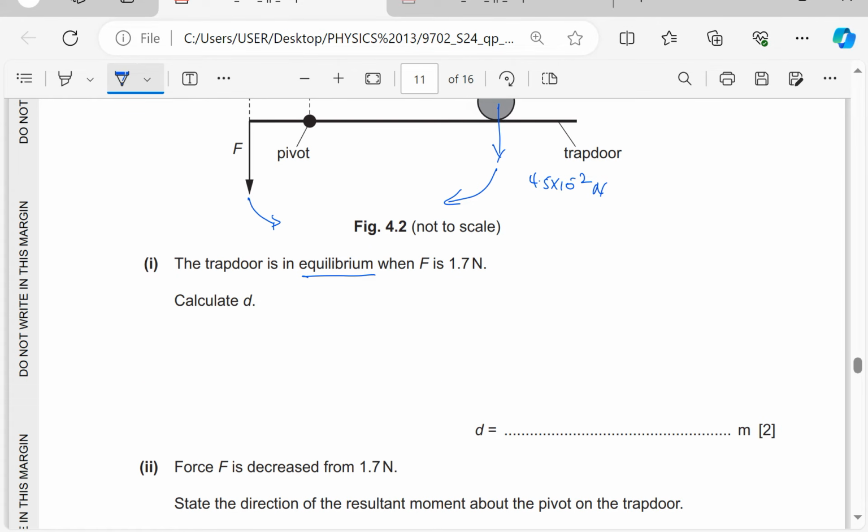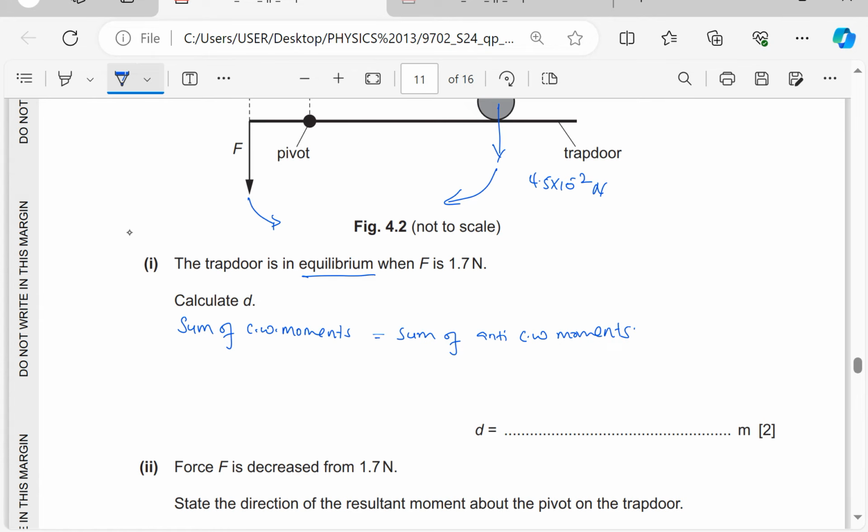So we want to calculate D. By the principle of moments, the sum of clockwise moments should be equal to the sum of anticlockwise moments about the same point. Let me start with the anticlockwise.